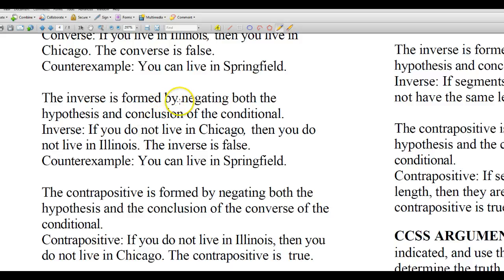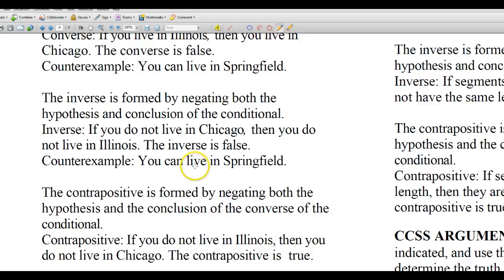The inverse is formed by negating, so we're going to put the word not in there somehow, both the hypothesis and conclusion of the conditional. So the inverse would be, if you do not live in Chicago, then you do not live in Illinois, and the inverse is false.